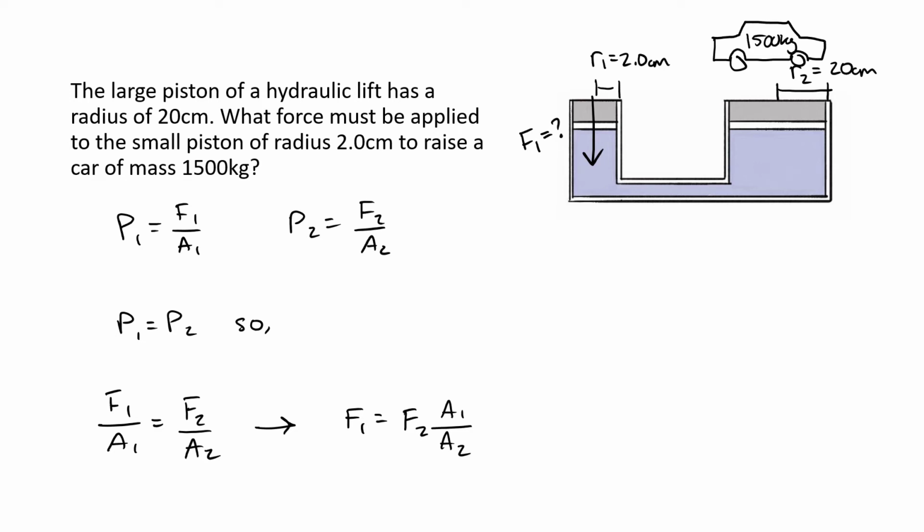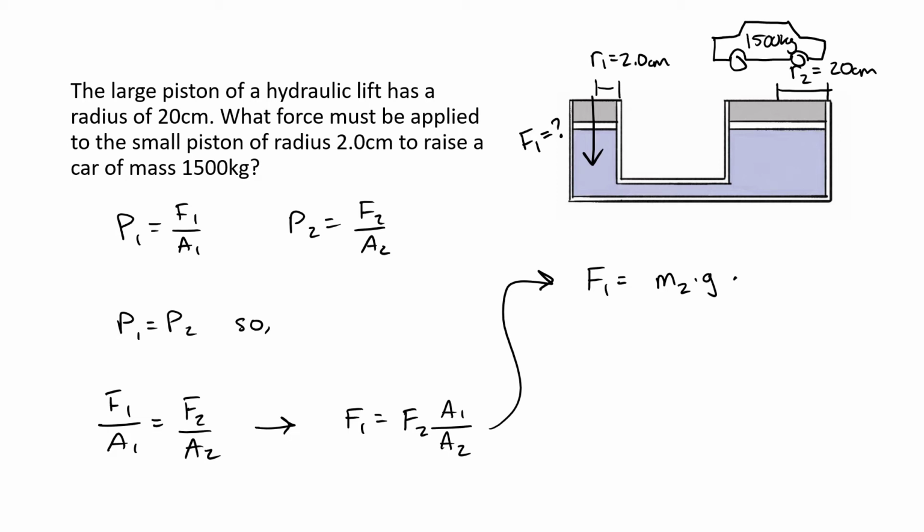So what is the force F2? That's going to be the force on the right side, and I should have said at least hold, but it says to raise. So we have the mass of the car, and that's m2 times gravity.